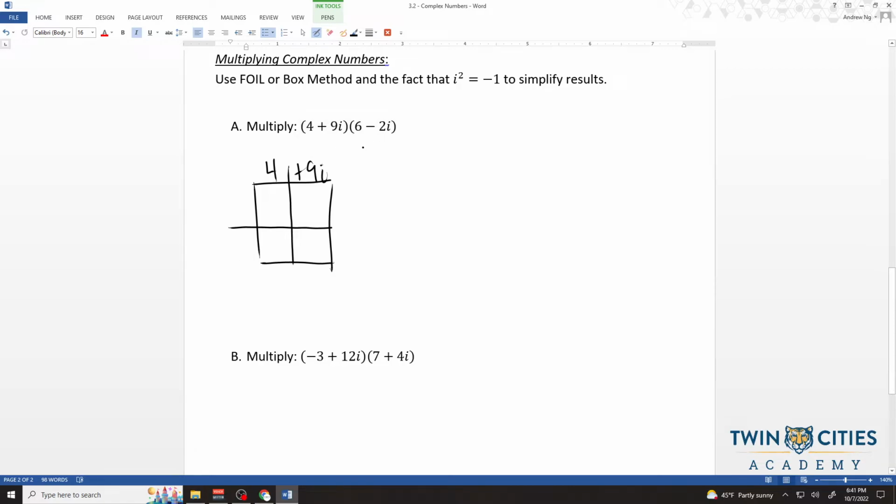And down the side, 6 minus 2i. Then for each of these, I'm going to multiply to everything that's on the outside. So for this cell, 6 times 4, that's going to make 24. 6 times 9i, so 6 times 9 is going to make 54. So this is 54i.